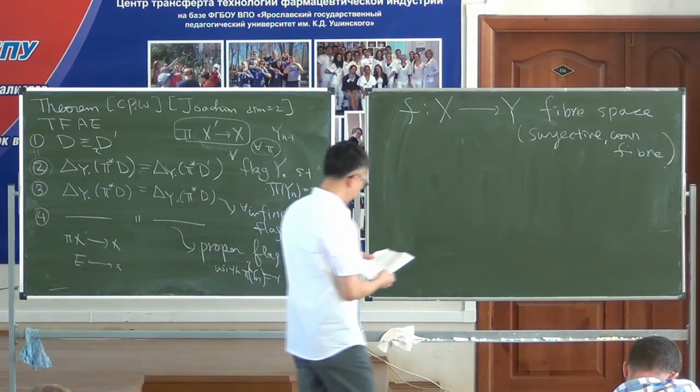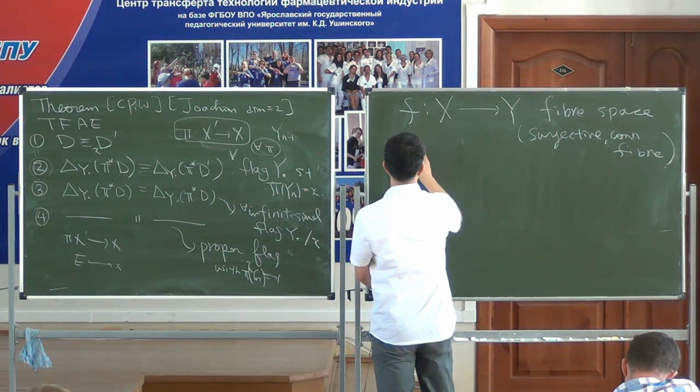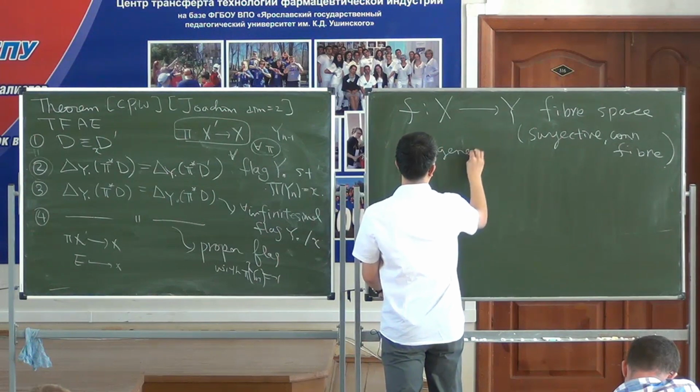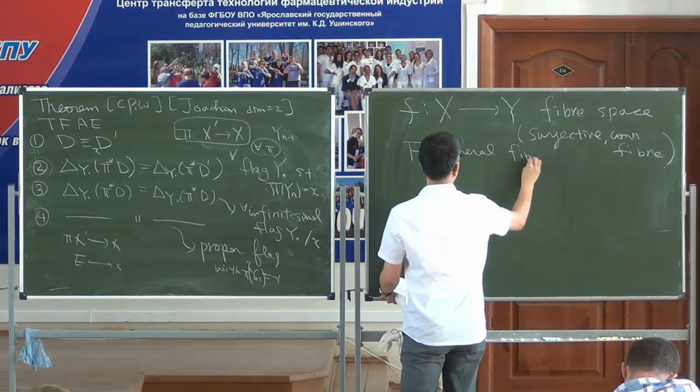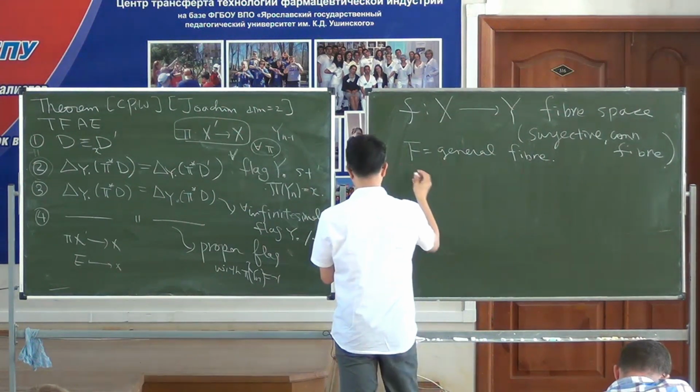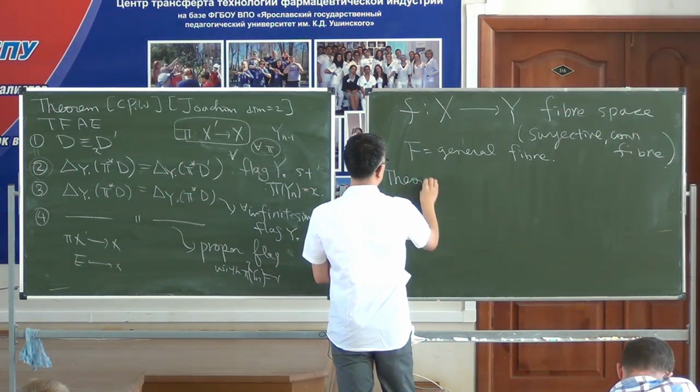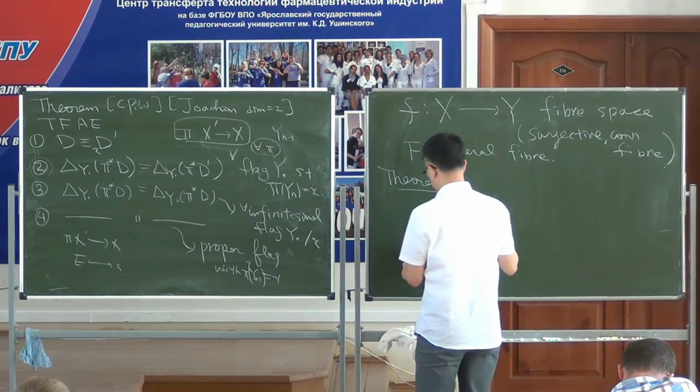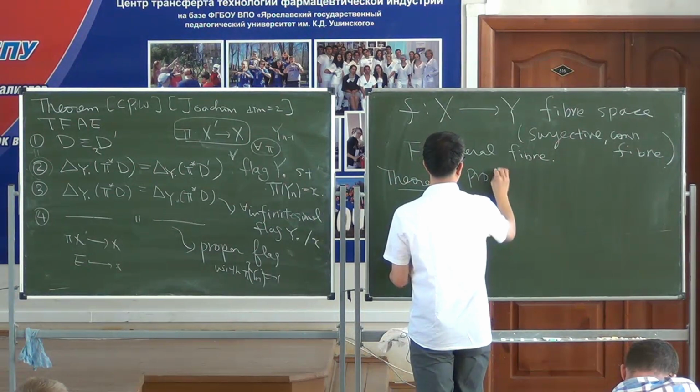And F is a general fiber. And so this is called the product formula.